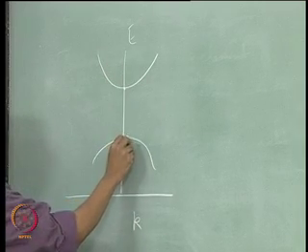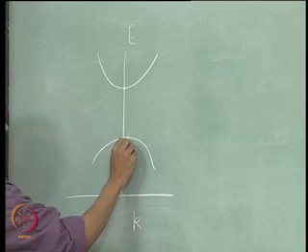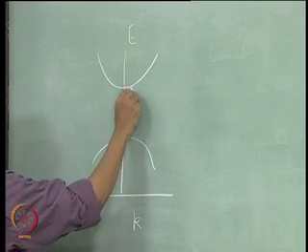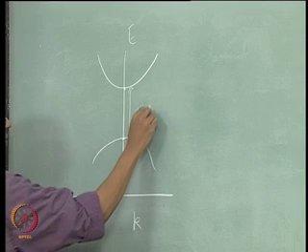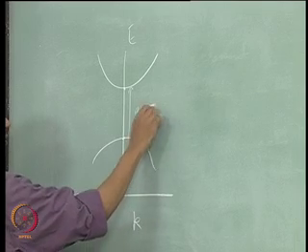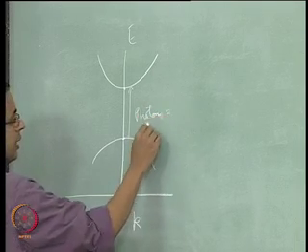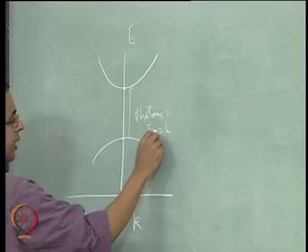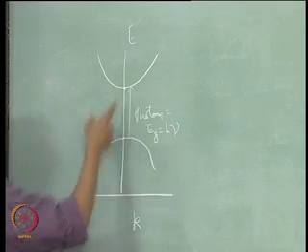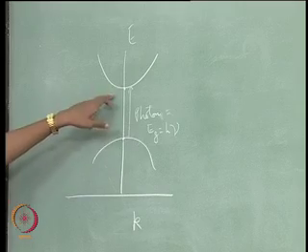Therefore you only need to provide a photon to get this electron to go up here, with E band gap equals h nu. So you provide this, and the electron goes across.